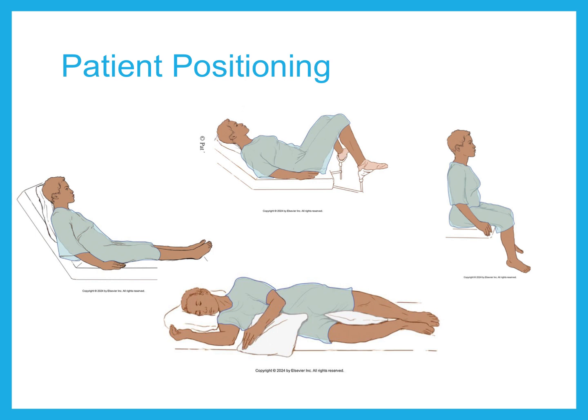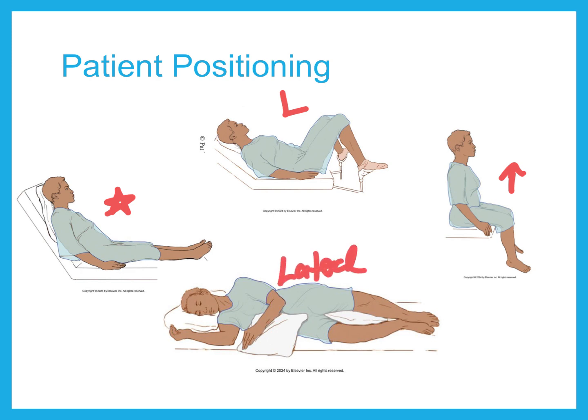There are different positions that we can place patients in for examination. Let's see. So we have semi-Fowlers right here. We have lithotomy here at the top. We have just sitting upright here with the legs dangling off the table. And then we have left lateral or Sims position here.